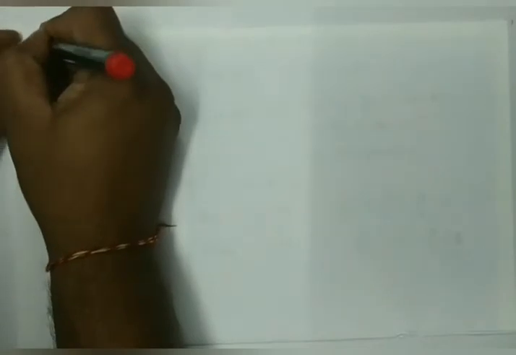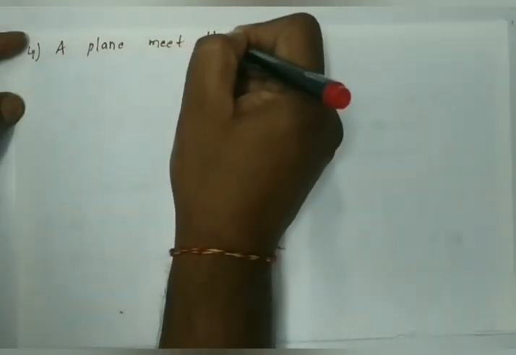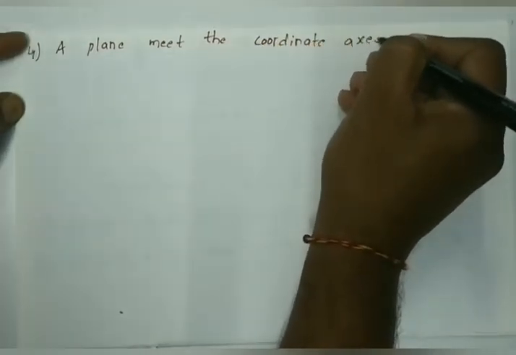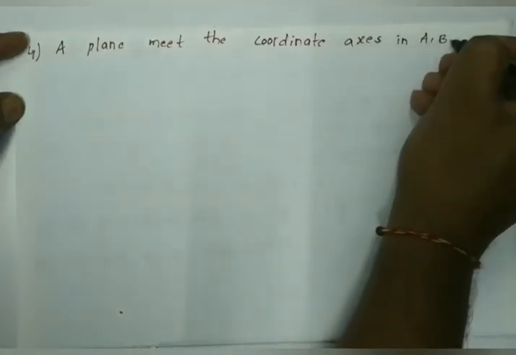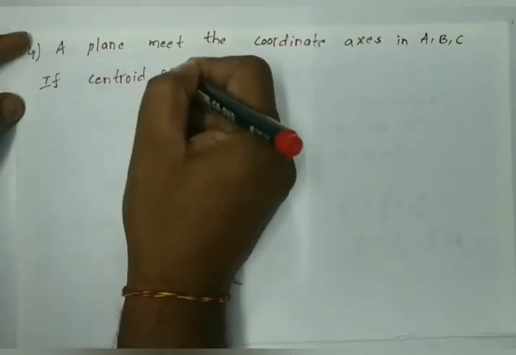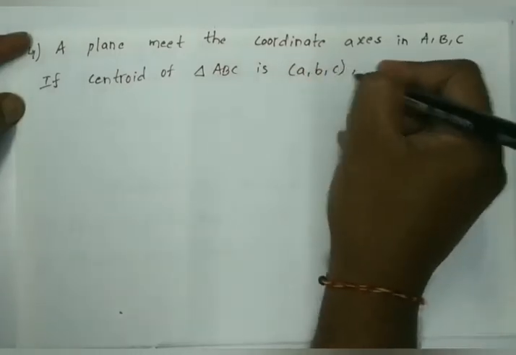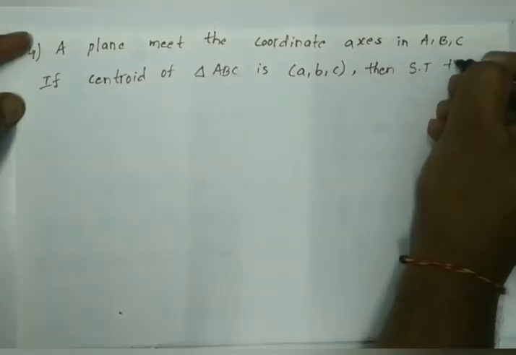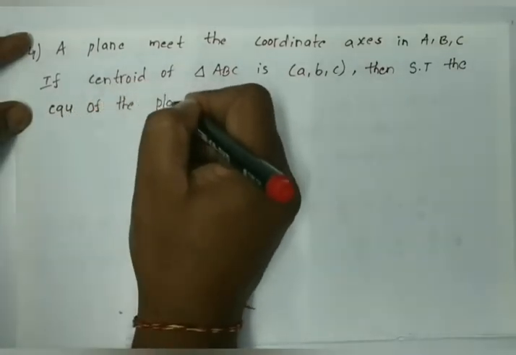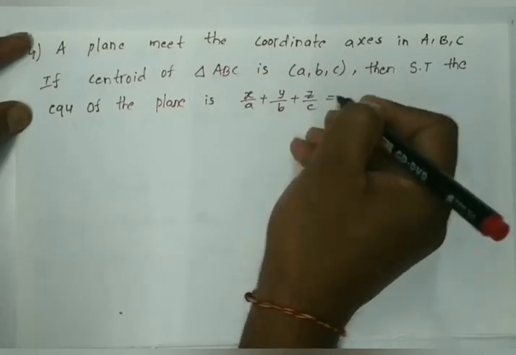Next, fourth problem. A plane meets the coordinate axes in A, B, C. If the centroid of triangle ABC is (a, b, c), then show that the equation of the plane is x by a plus y by b plus z by c is equal to 3.